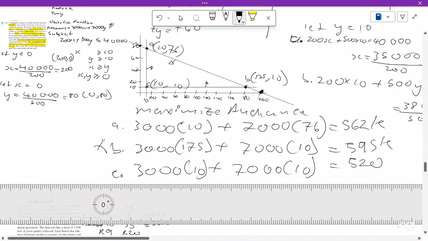Which one yields the best viewers? The second one, at 595. It yields more viewers.